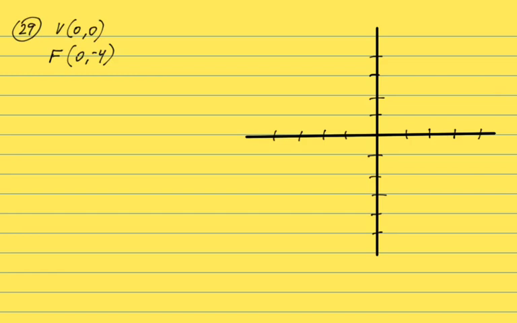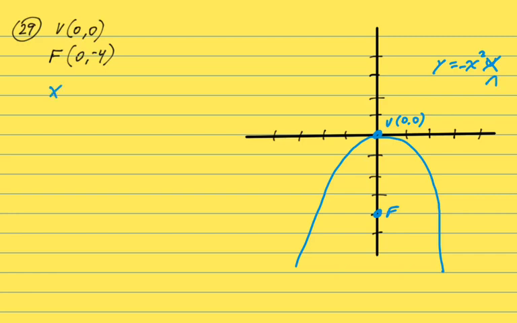So I go to 0, negative 4, that's my focus. My vertex is up here at 0, 0. It has to open around the focus, so that's a y equals negative x squared, which makes it open downward.